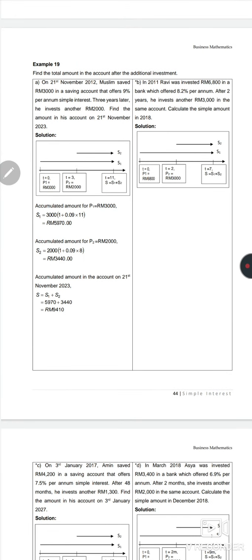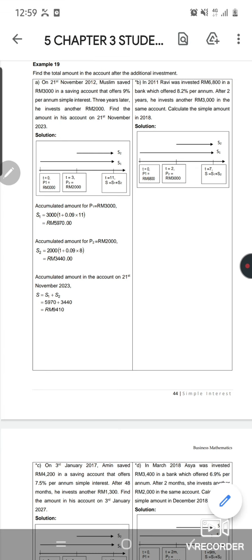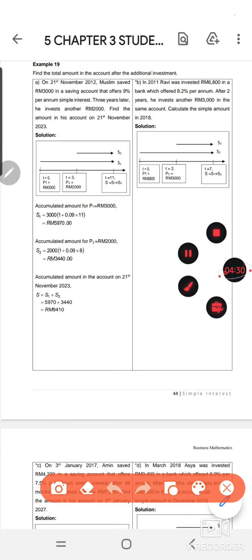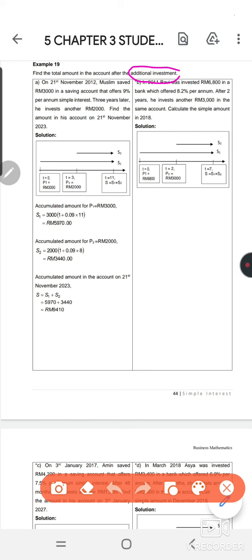Okay, next, example 19. Find the total amount in the account after the additional investment. Yang ni pula case bila dia tambah investment. Tadi case yang first Kamal keluarkan duit. Now dia tambahkan investment. On 21st November 2012, Muslim saves RM3,000.